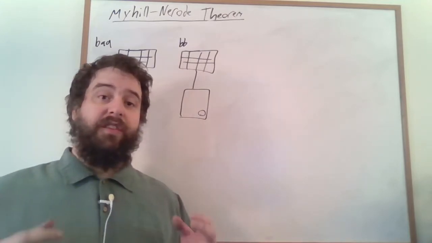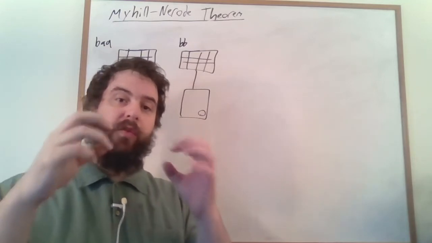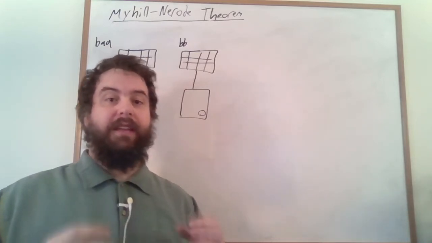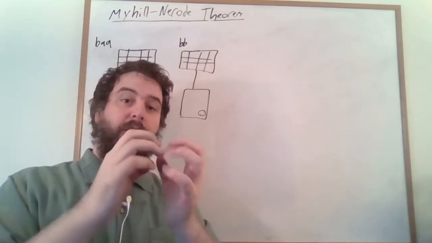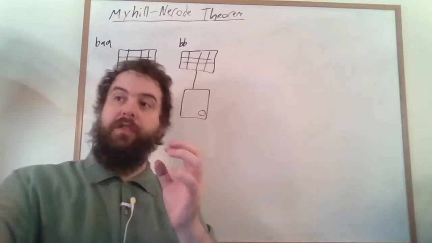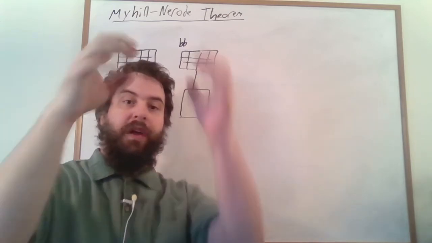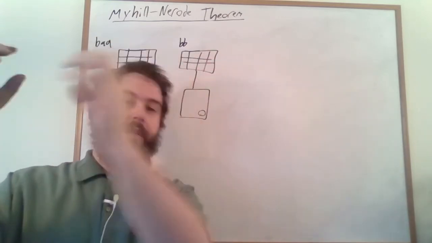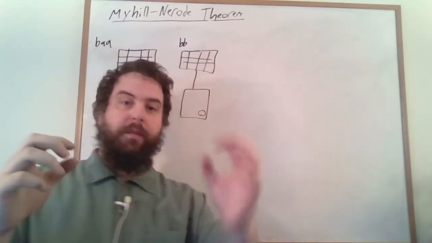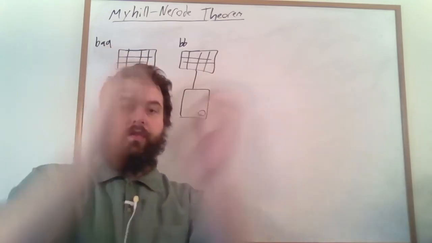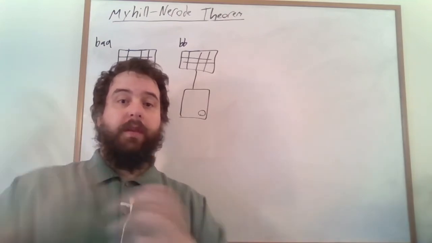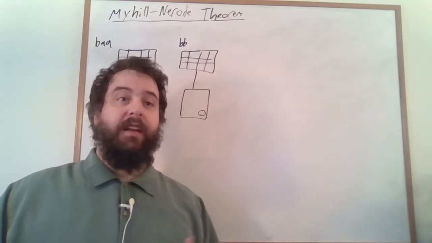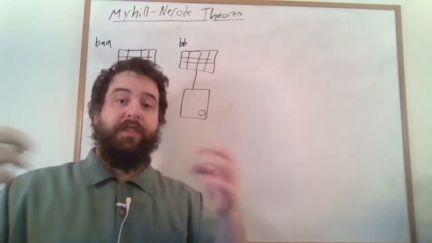The key thing to note here is that the order that we merge equivalent states together in doesn't matter, because if we merge two states together, the result is going to be equivalent to anything that was equivalent to the original two states. And so we could merge two states and then merge a third state in, and it doesn't matter the order that we decide to merge these states in, they're still going to be equivalent, they're still going to be mergeable.